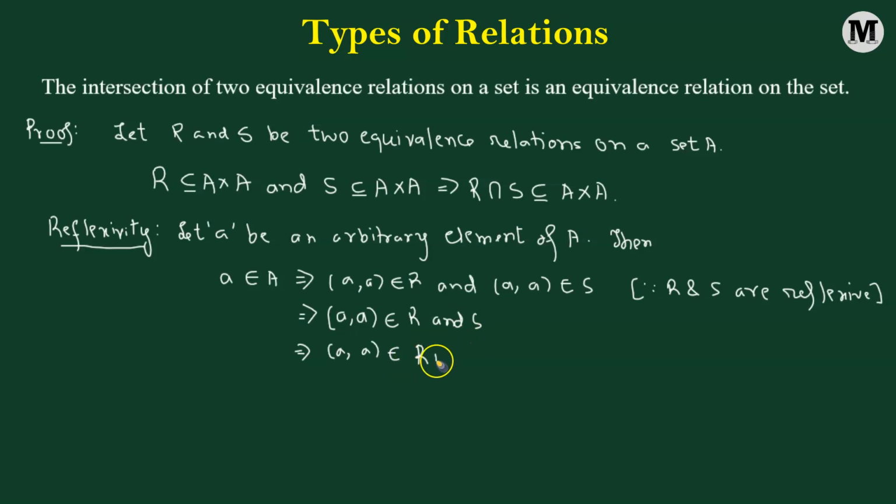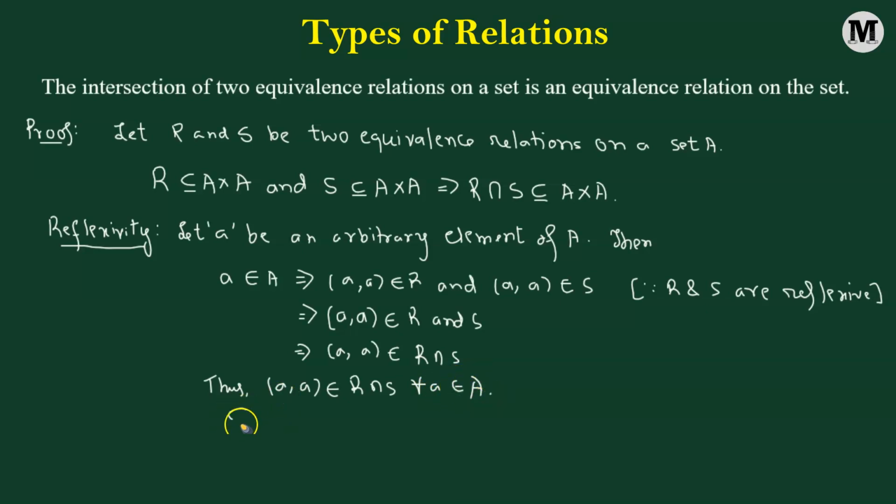That simply means R intersection S. So here we have shown that for an arbitrary element A belonging to the set A, if the ordered pair (A, A) belongs to R and also belongs to S, then it must be true that (A, A) belongs to R intersection S. Thus the ordered pair (A, A) belongs to R intersection S for all A belonging to the set A.